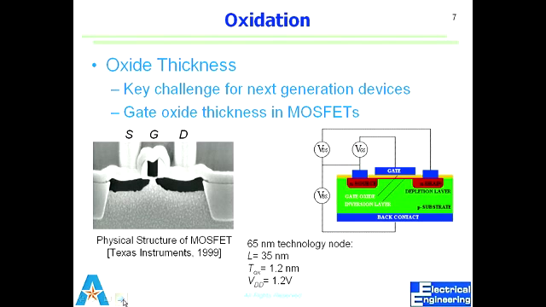So if you look at this, this is the thickness of oxide, which is just a few monolayers. Making that thin layer at exactly the same uniform thickness all over the 16-inch wafer has been a challenge. So that is what has been replaced now with other materials, what we call high K dielectric materials.